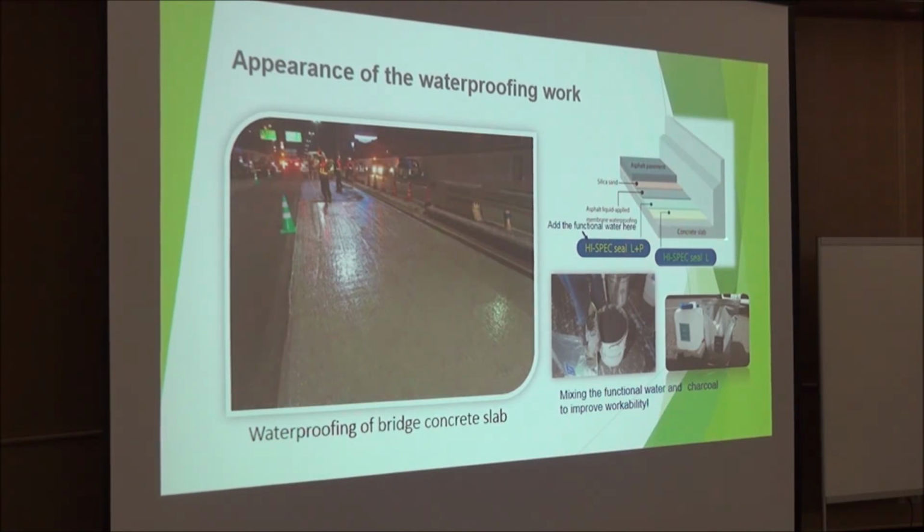So that is a concrete slab. Usually it remains like that, but we put in this high-spec seal liquid that is very good for infiltrating the tiny cracks. So we could have the durability for a long life under overload.